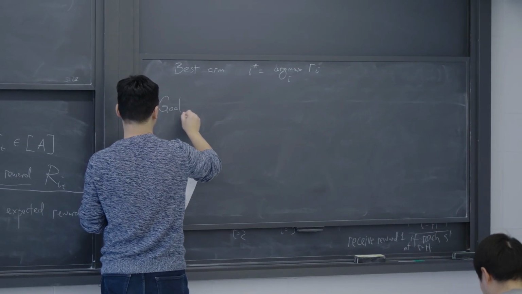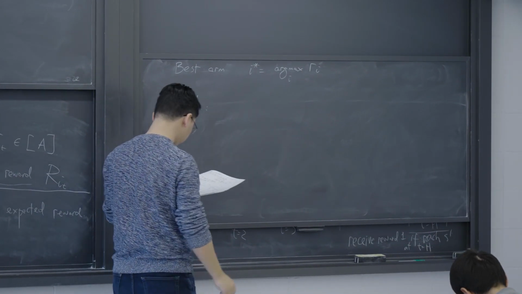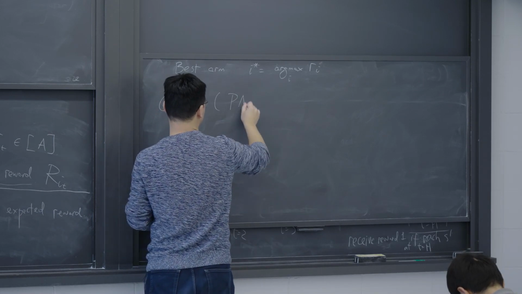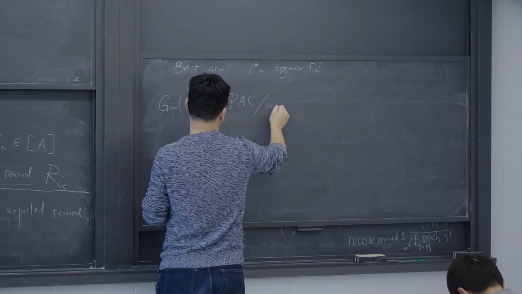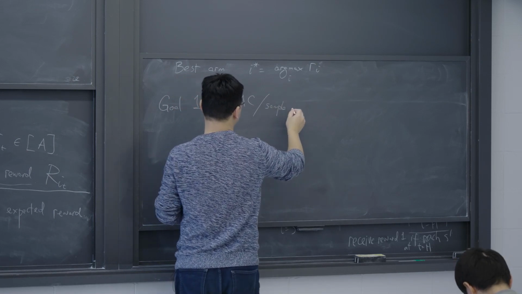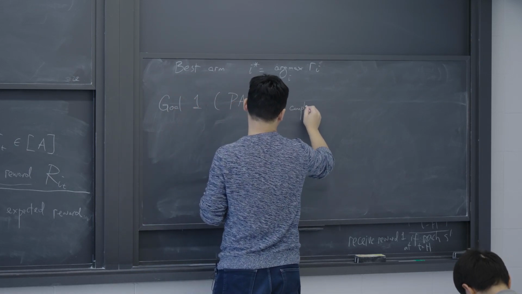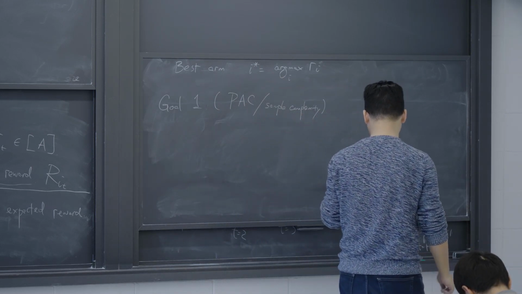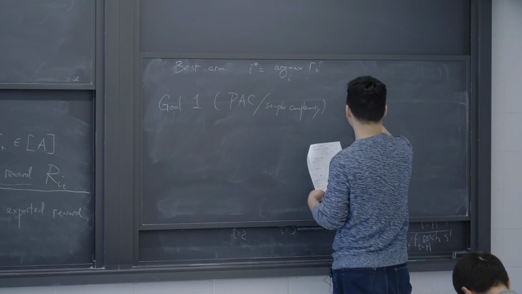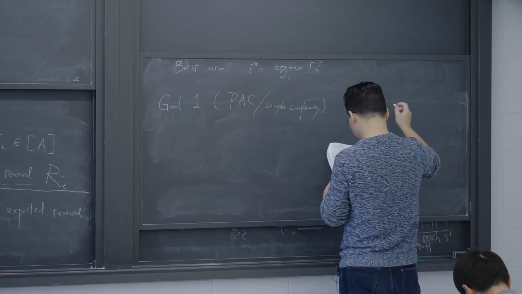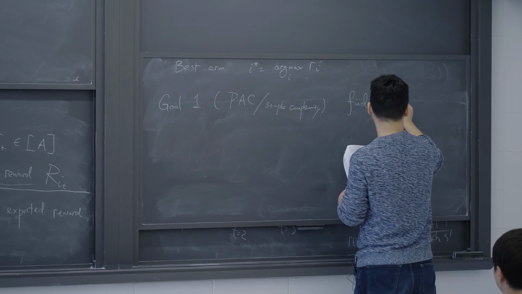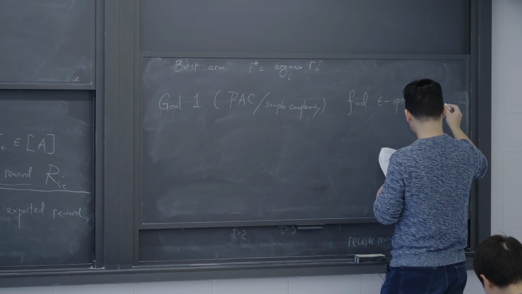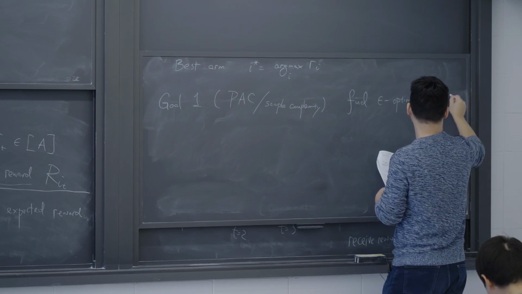The first goal, sometimes called PAC or sample complexity goal. We essentially only want to find the epsilon optimal arm, i hat.